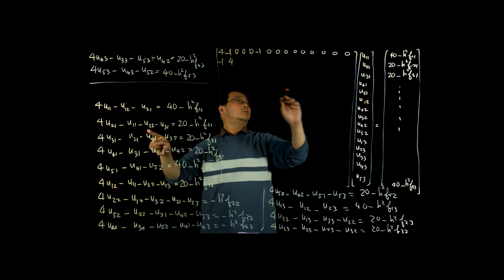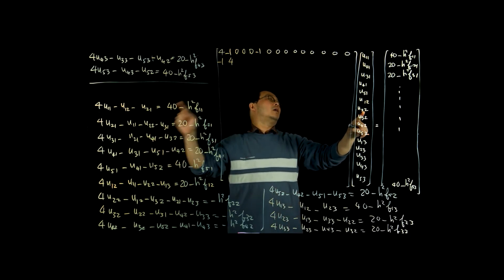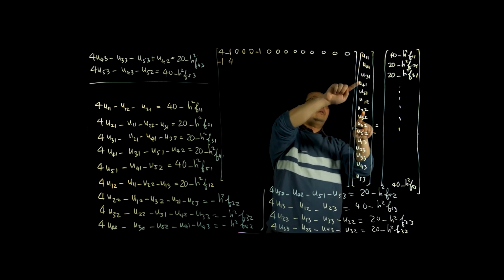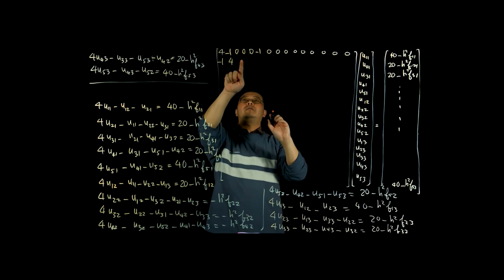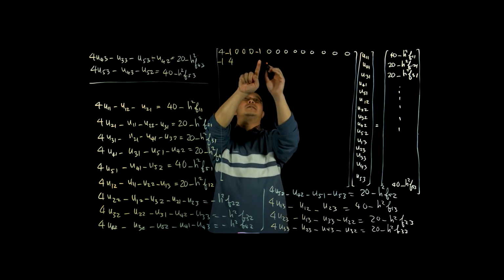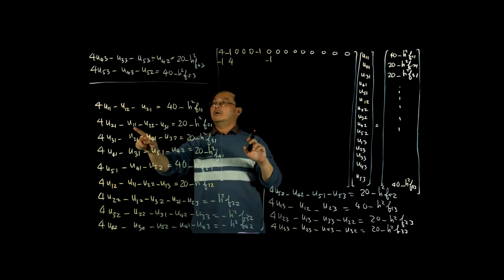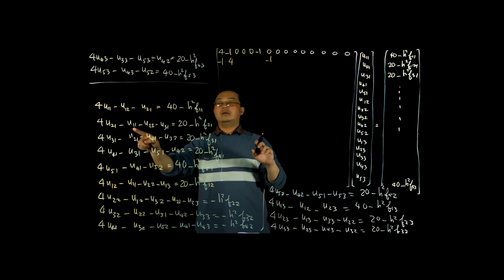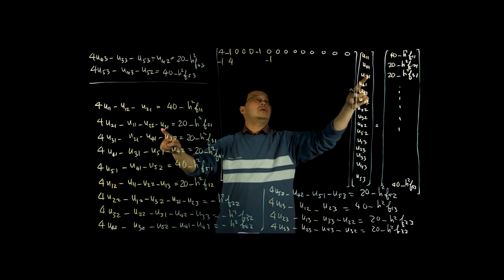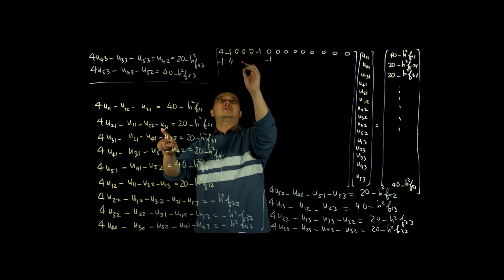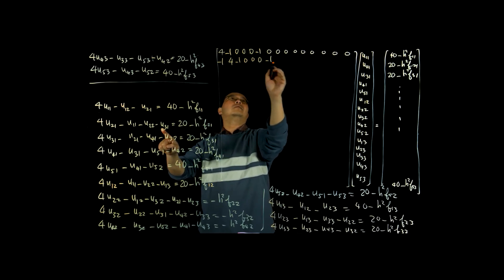And then minus U22, so U22 is right here, yeah, so you put -1 here. And then minus U31, so -1 here, yeah. And then the rest is just equal 0.